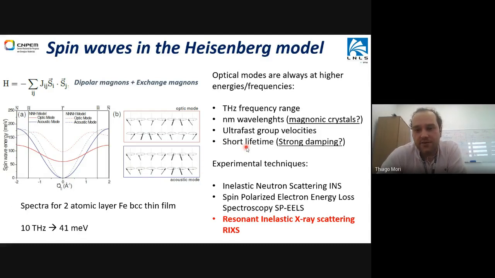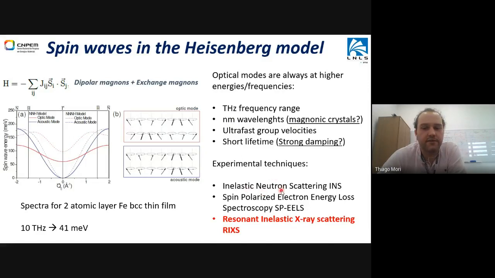But they are very interesting, because if we can tailor terahertz magnons, we can get ultra-fast group velocities and nanometer wavelengths. So this is very interesting for magnonics. But the problem is that we have just a few experimental techniques that can probe that.